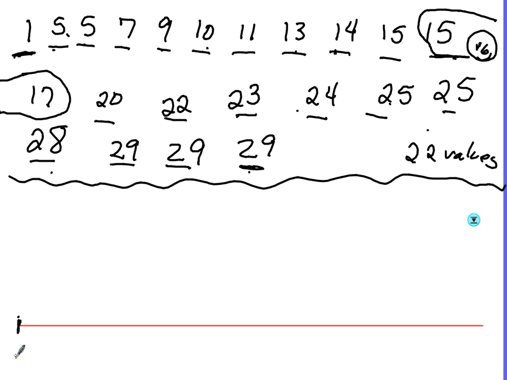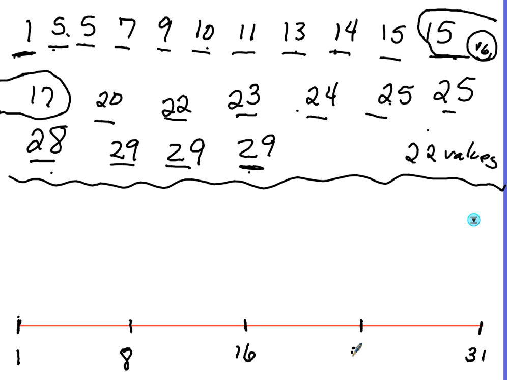So this will be 1. This will be 31. I guess the middle day would be 16. Alright, in between this will be 8. I'm going to add about what, 9?